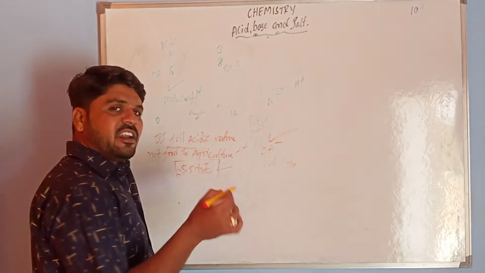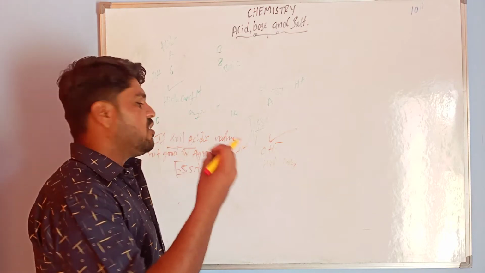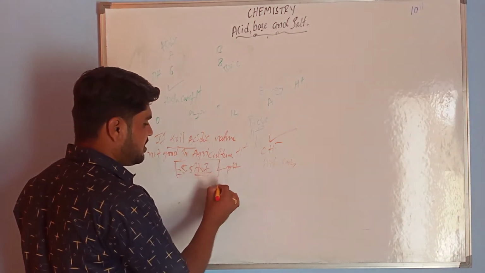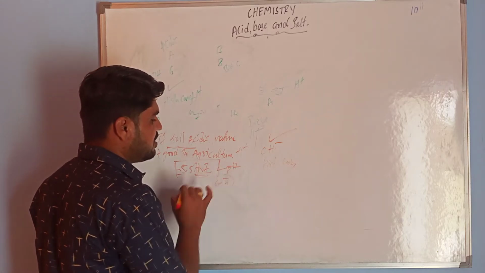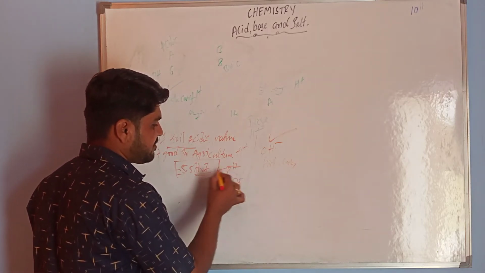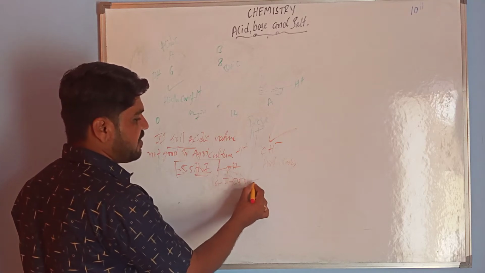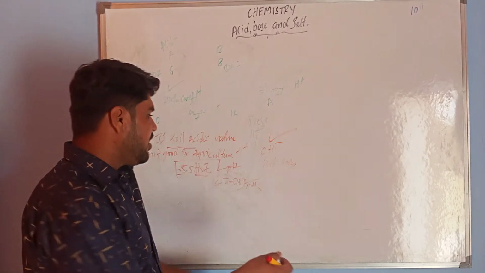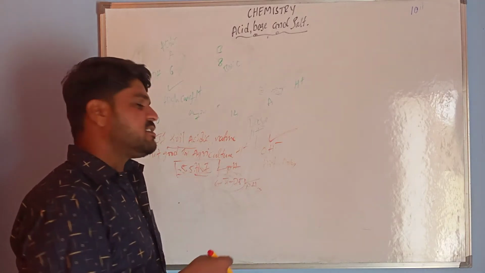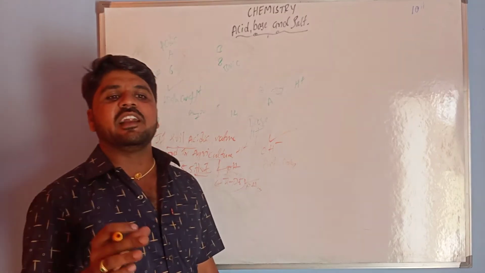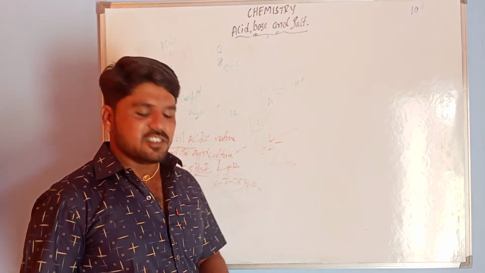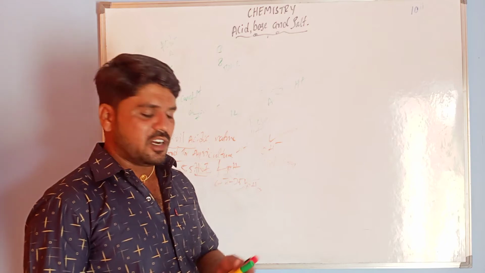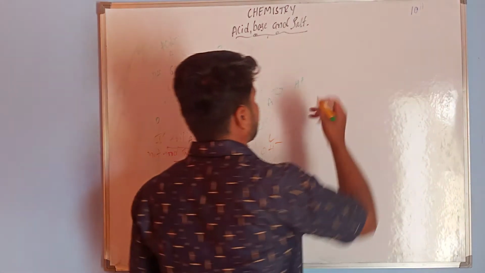A good soil pH is nearly 6 to 7 or 7.5. This is the best pH for agriculture. When soils are acidic in nature, the farmer adds slaked lime, quick lime and chalk. This is all about your exercise questions. Now we have to move on to more about salts.